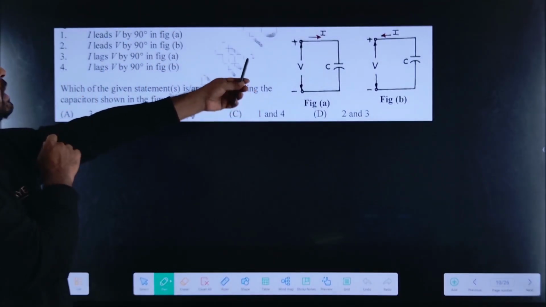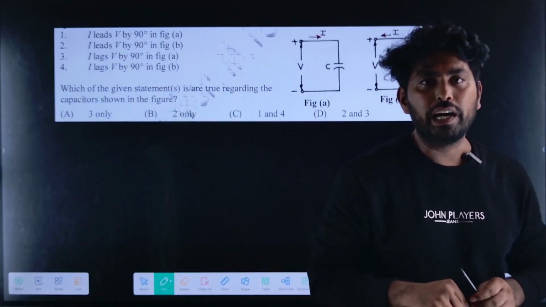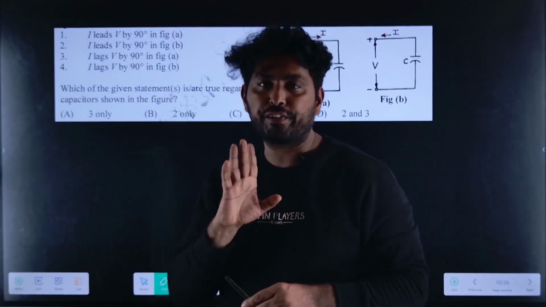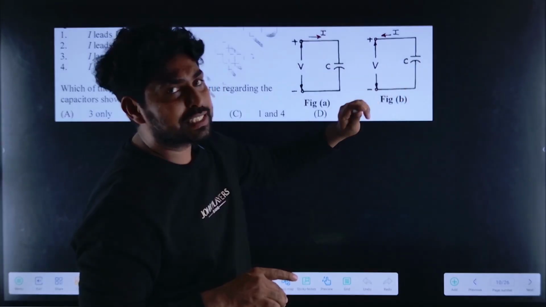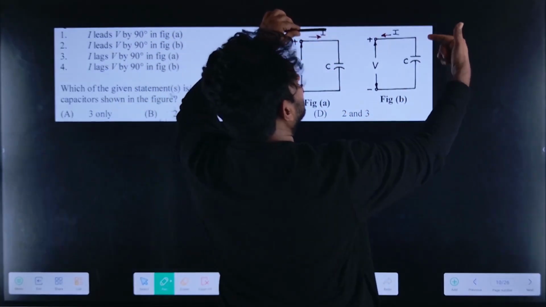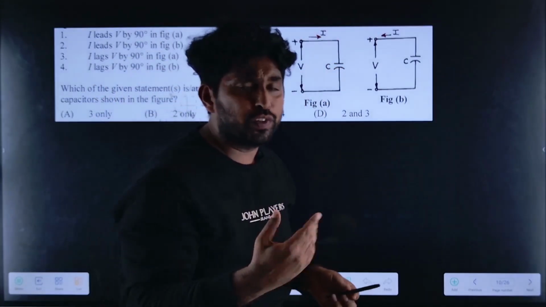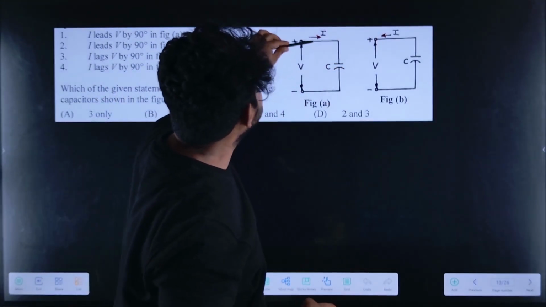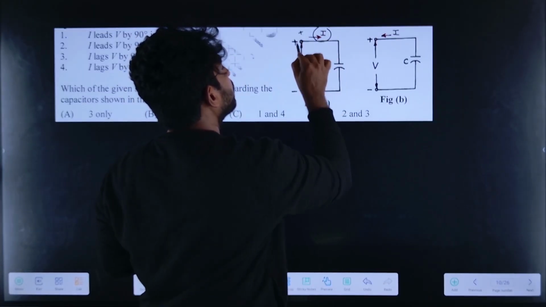Next one. Here two circuits are given, and first spot the difference. Voltage is given, capacitance is given. The current direction is in this direction. If we assume one convention: if the current is leaving from the positive terminal, let us assume it as a positive current.